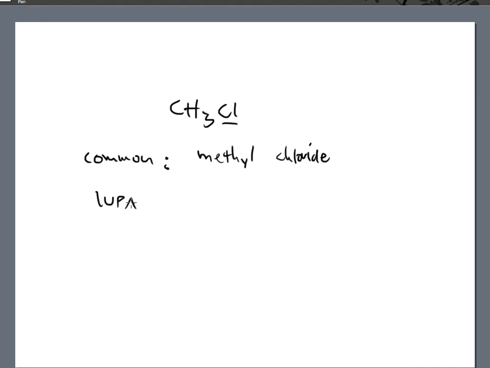Okay, well, IUPAC. How do I IUPAC it or provide the systematic name? Well, those rules are a little bit different. They're similar, but they're a little bit different. So the rules state, name the longest carbon chain, just like you've always done. Okay, so methane, because there's only one carbon in the longest chain there. And then on that one carbon, spot 1, I have a chloro group.